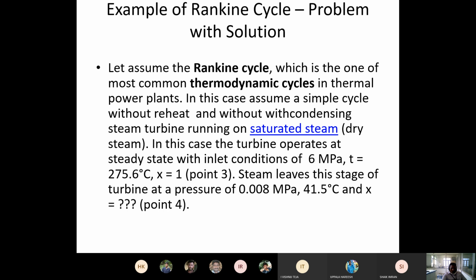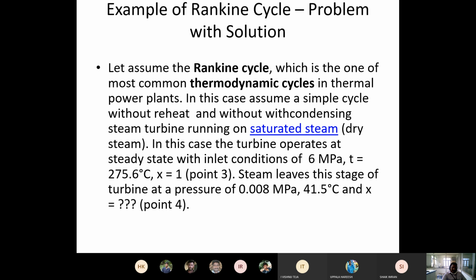We have the P3 value, so the H3 value can be calculated. We have the P4 value, and we can take the HF4 value. 3 to 4 is the isentropic expansion.